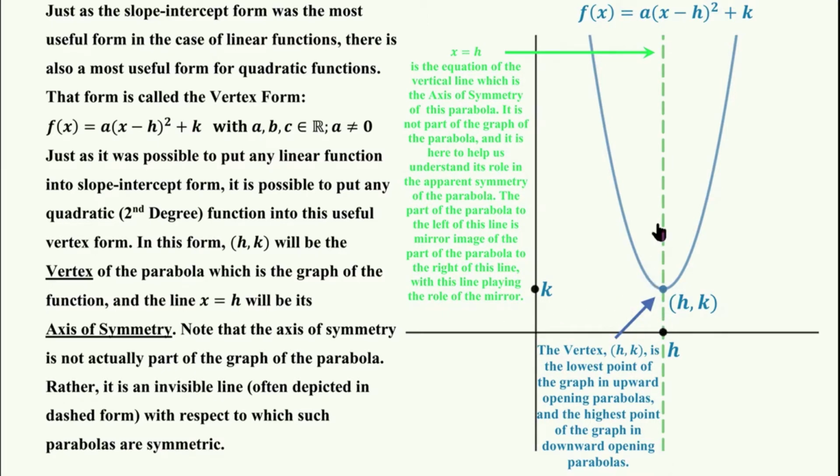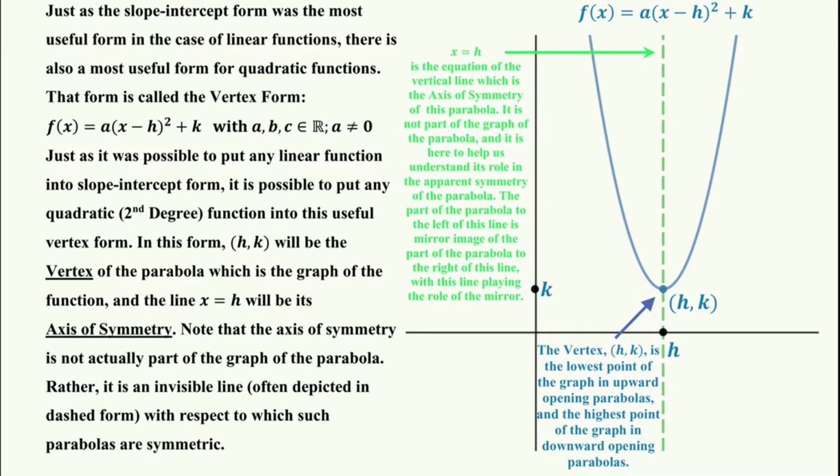So we call that imaginary line the axis of symmetry, and obviously it's going to just be x equals h. So again, we can see that in our vertex form of a quadratic function or a second degree function. And we're going to be dealing with all of these letters in a minute in actual examples, which will make more sense.